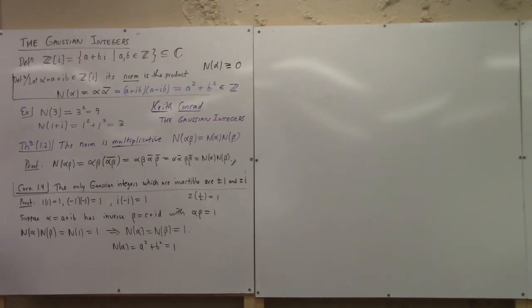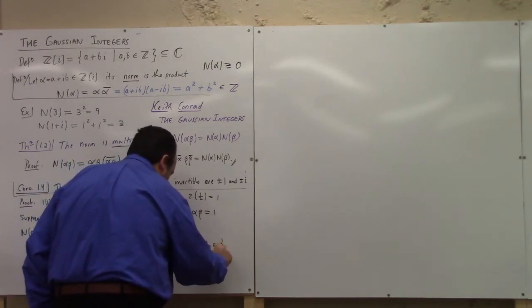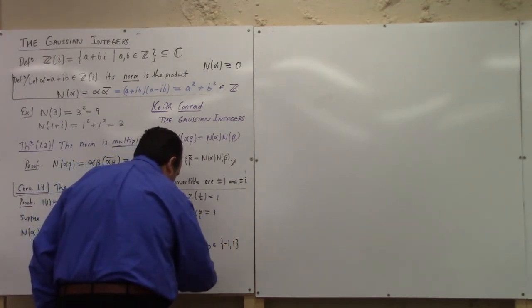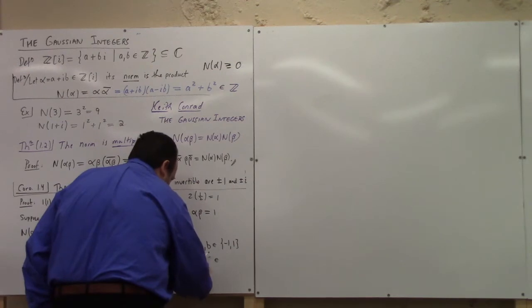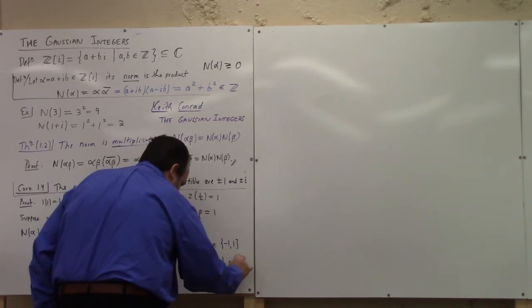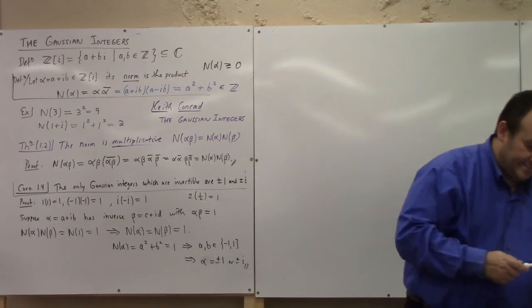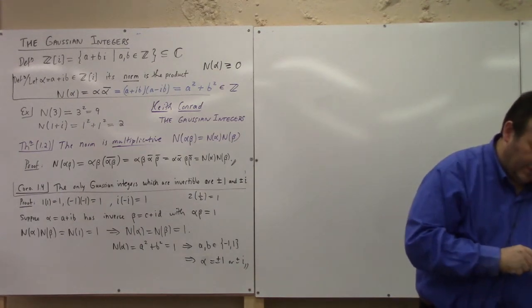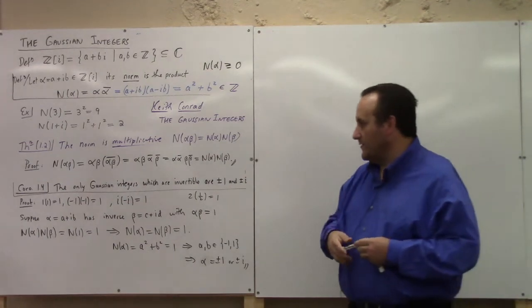So this implies a, b are elements of {minus 1, 1}, which implies alpha is equal to plus or minus 1 or plus or minus i. Okay, so there we go. Proved. So again, there are 4 units. These are also invertible elements.